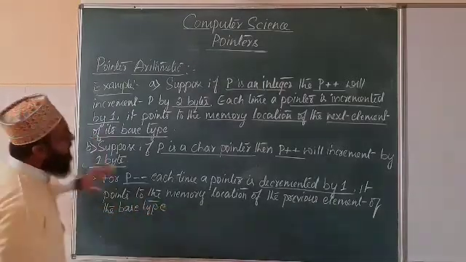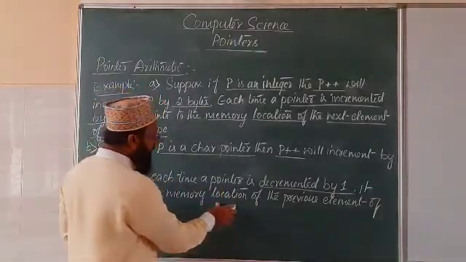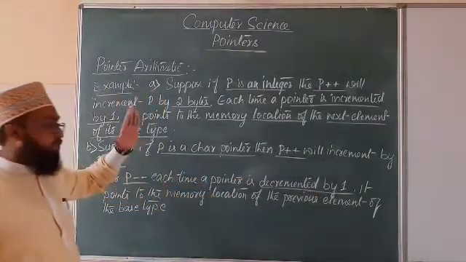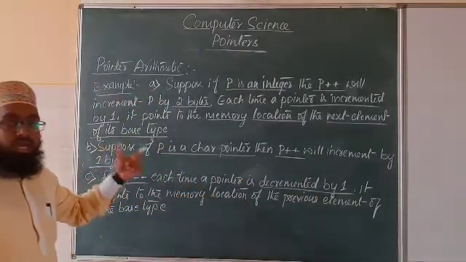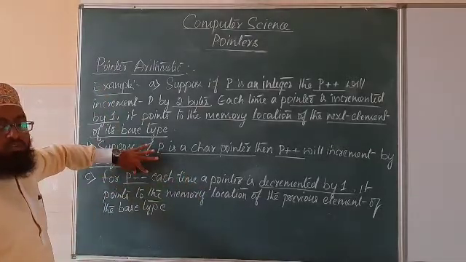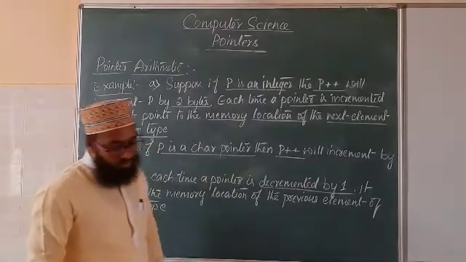This means if two elements are there and the pointer is decremented by 1, then it will point to its previous element when we use the minus operator with p. Okay, hope you have understood this.